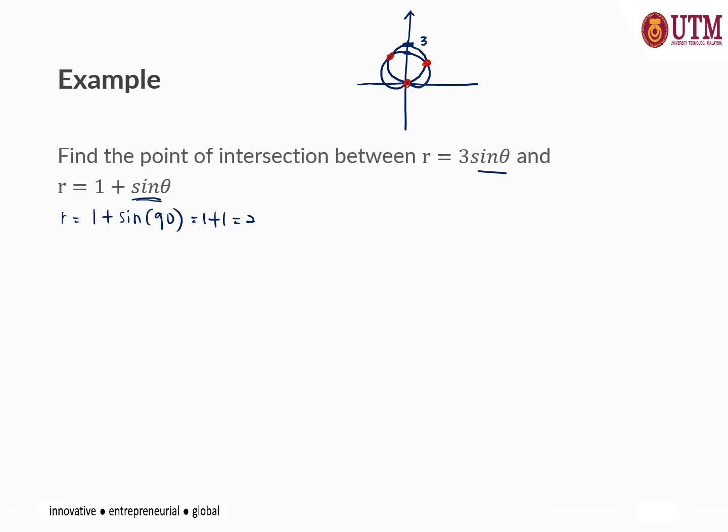Okay, now let's remove the r, where we get 3 sine theta equals 1 plus sine theta. And then here we have 2 sine theta equals 1, sine theta equals half, and we get our theta, which is equal to 30 degrees.